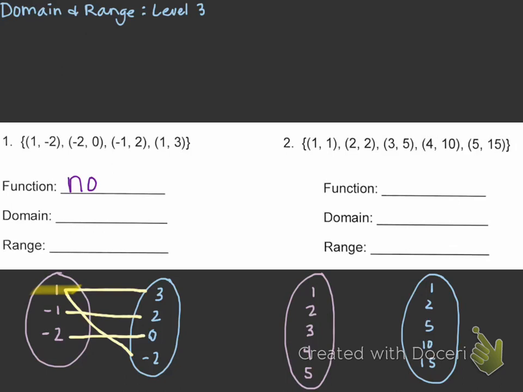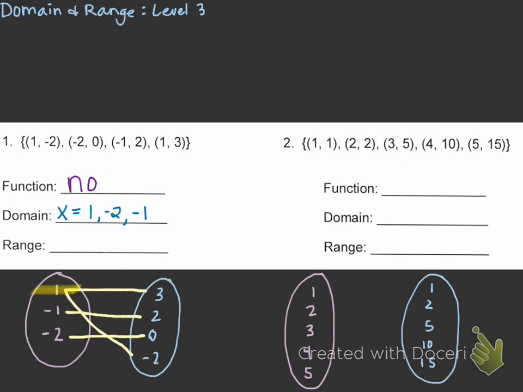As far as we know, there are no points in between those guys. So for our domain, we are just going to list out all of those x values. So in this case, x equals 1. We have a negative 2, a negative 1, and then back to positive 1. We do not have to list the same number multiple times, which is really, really nice.